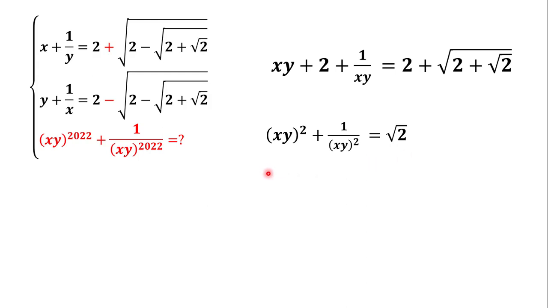Once again, we can raise both sides of this equation to the power of 2, and we're going to get ((xy) to the power 2 plus (1 over xy) to the power 2) all to the power of 2 equals radical of 2 to the power of 2, and on the right hand side we're going to get (xy) to the power 4 plus (1 over xy) to the power 4 plus 2. From this equation we can write (xy) to the power 4 plus (1 over xy) to the power 4 equals 0.